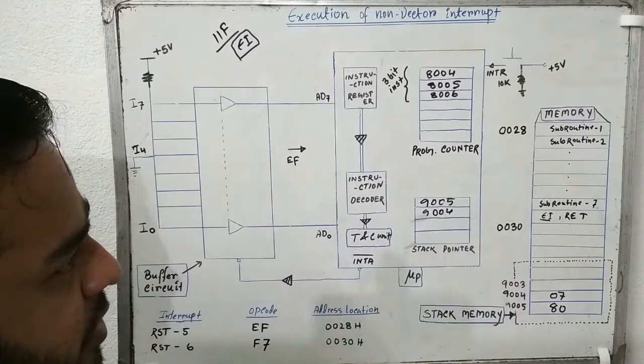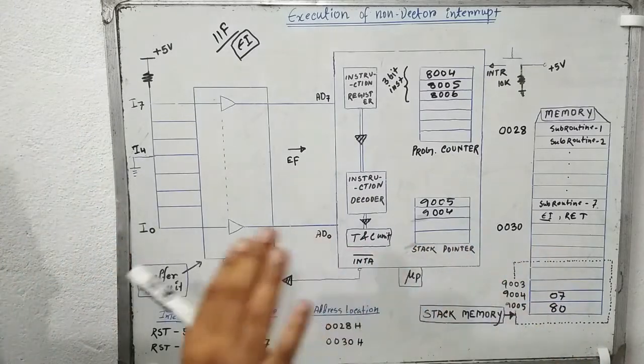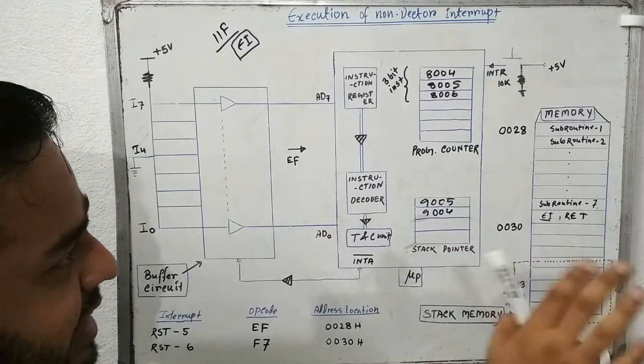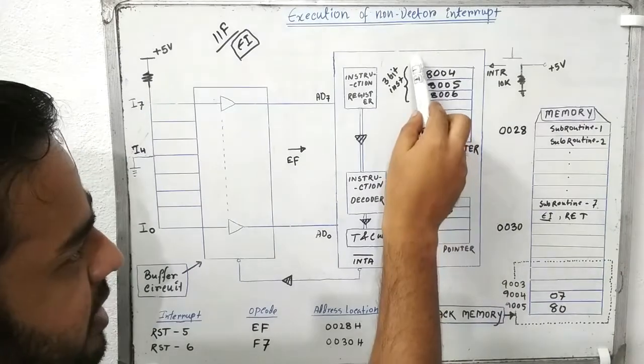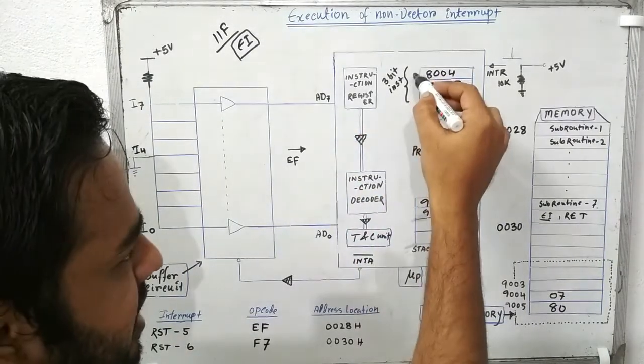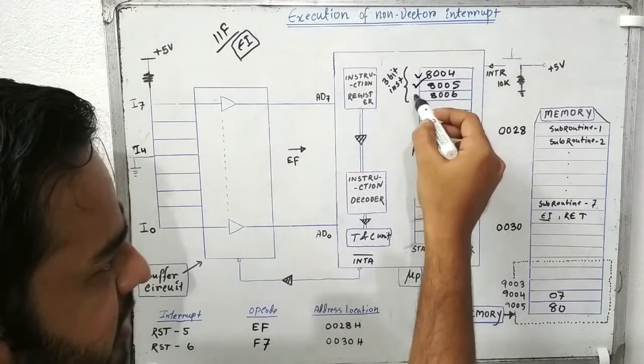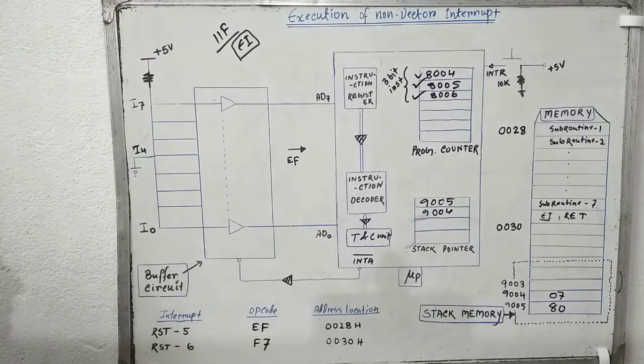So what are the 4 things? First, the microprocessor will complete the current instruction that it is performing. Now it is performing the 3-byte instruction, this is the first address for the first byte, this is the second address for the second byte, this is the third address for the third byte.